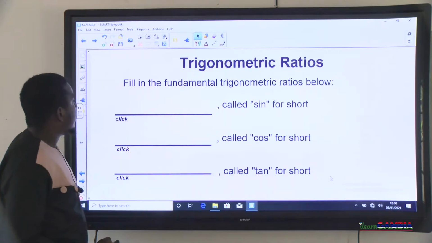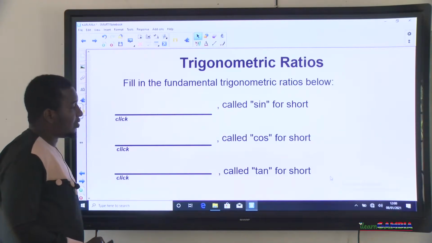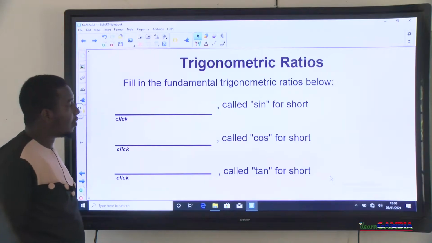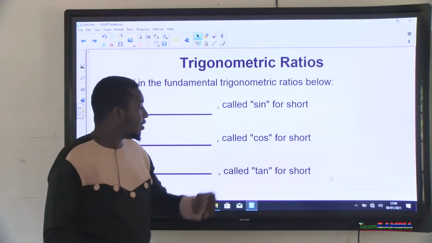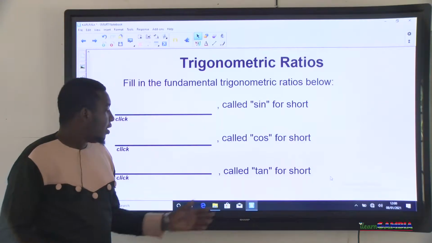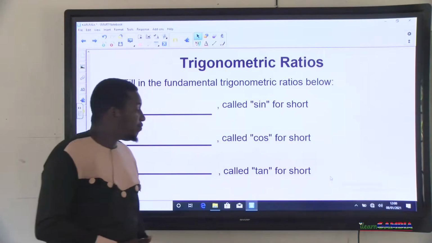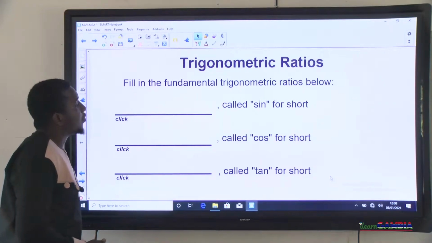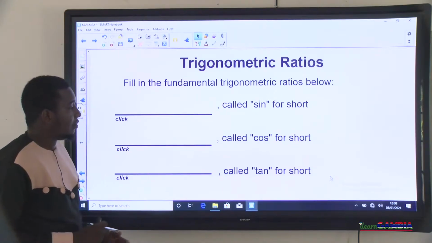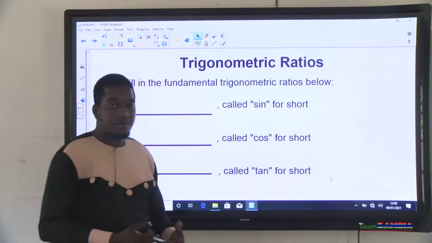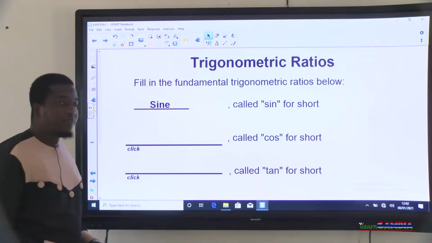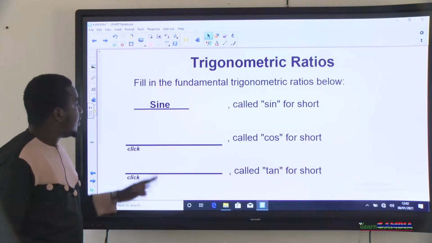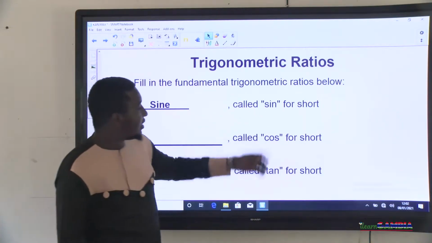So we look at the ratios themselves, because there are some we call sine in short. We have another one that we call cos, and we have another one that we call tan for short. So which one of them do you call sine, which one do you call cos, and which one do you call tan? Looking at the first one, we have sine. In short, we call it sine, S-I-N.